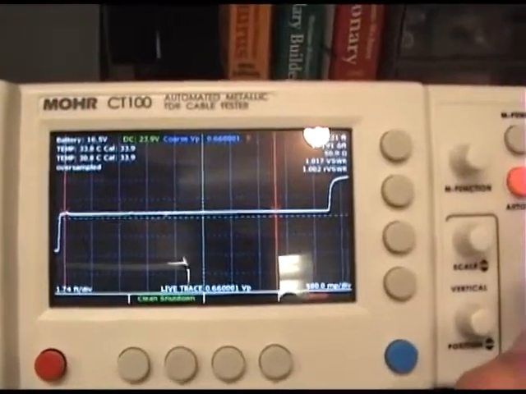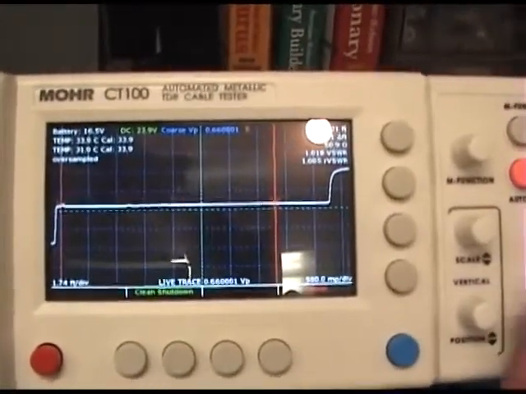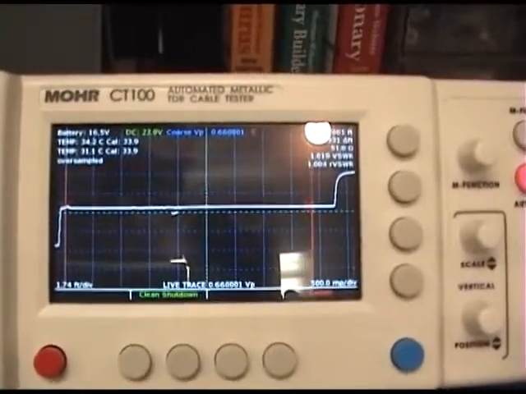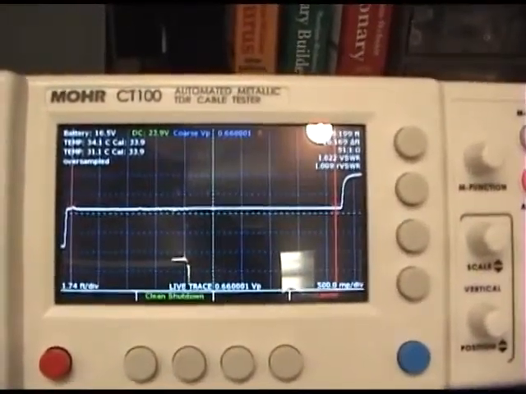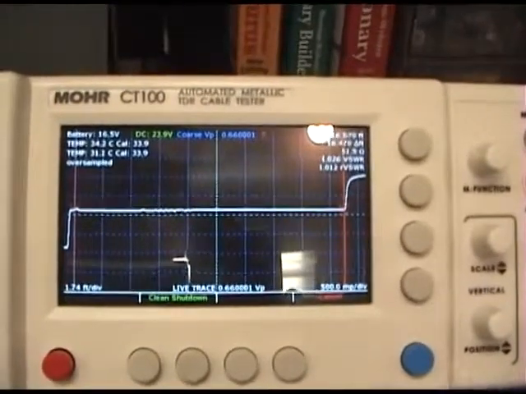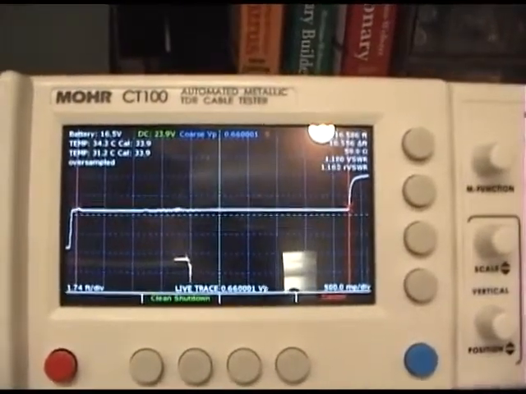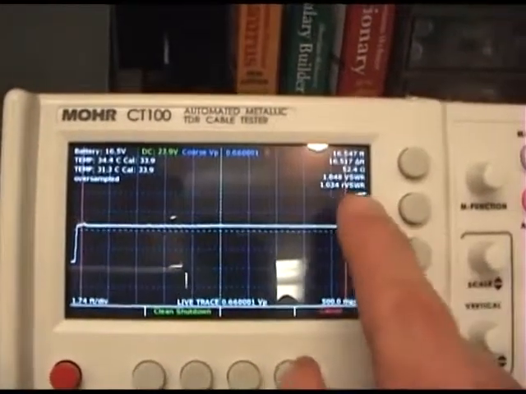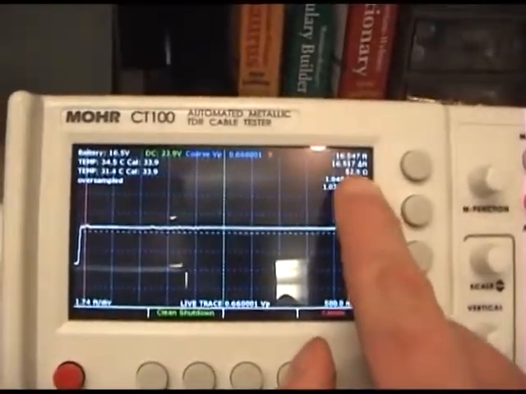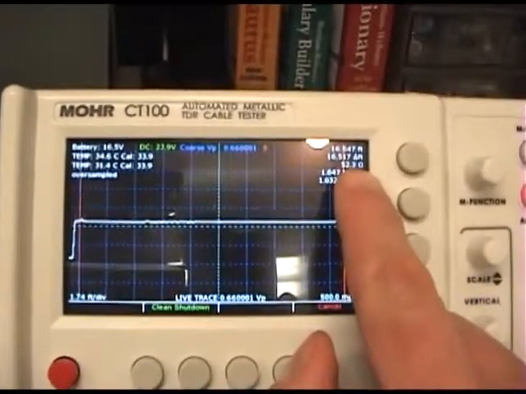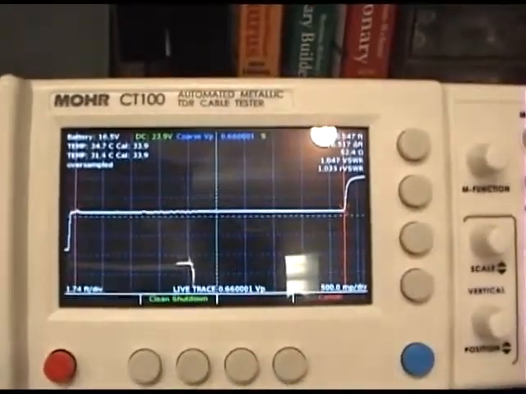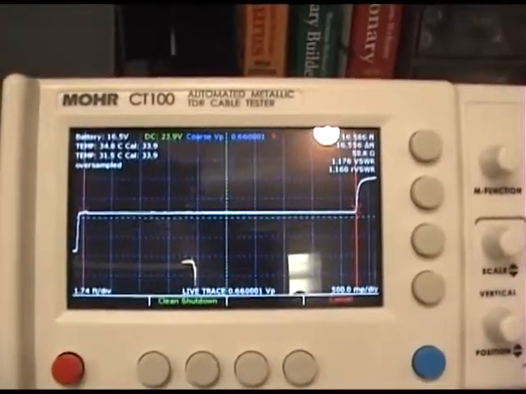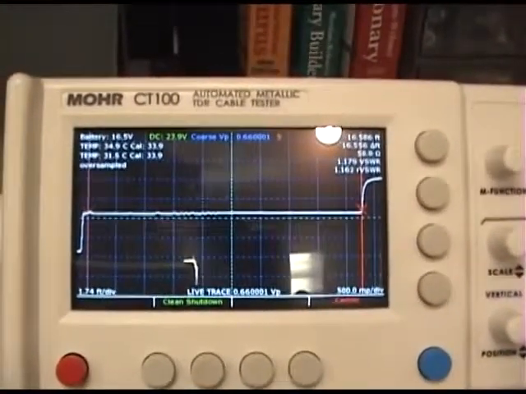And if I go to the second cursor and move that to approximately right here, you can see my ohms cursor is saying about 52 ohms. If I increase it, I'm starting to get 58 ohms, so that's a little too high.